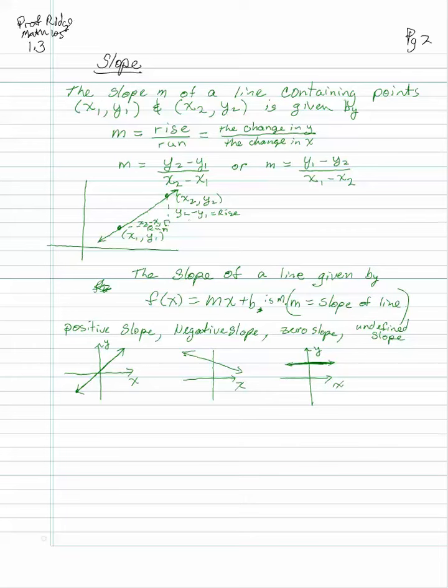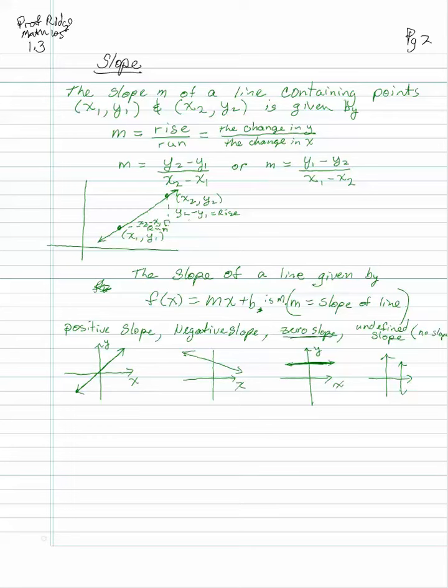And undefined slope is a vertical line. So for vertical lines, the slope is undefined. Some books would call this no slope, right? It's not defined, it has no slope, which is different than saying the slope equals zero or zero slope.